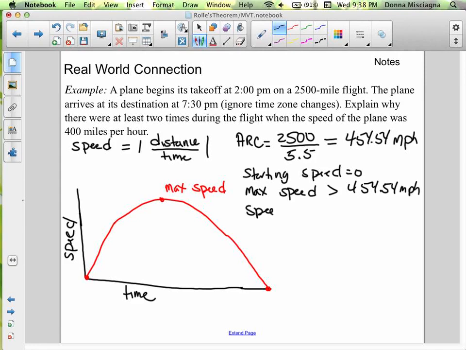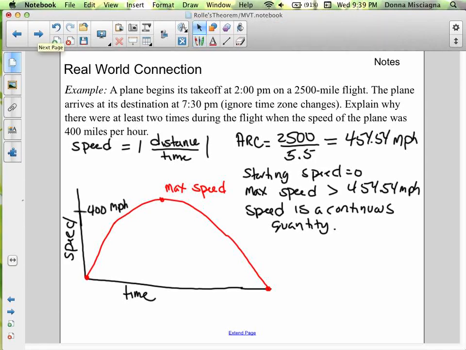Speed is something that's continuous, and you can't skip values. You can't go from 10 to 20 and skip over 11, 12, 13, 14, 15, 16, 17, 18, 19. That's not possible. So let's call this one here 400. Maybe I want to make it a little bit less for my picture here.